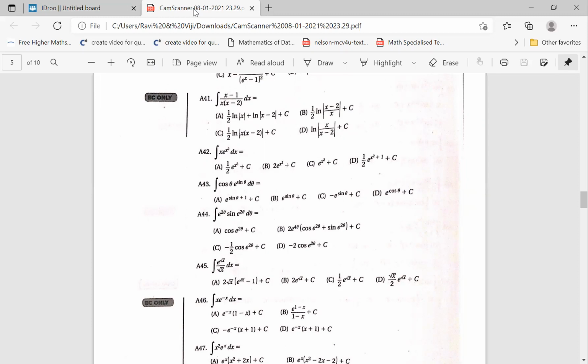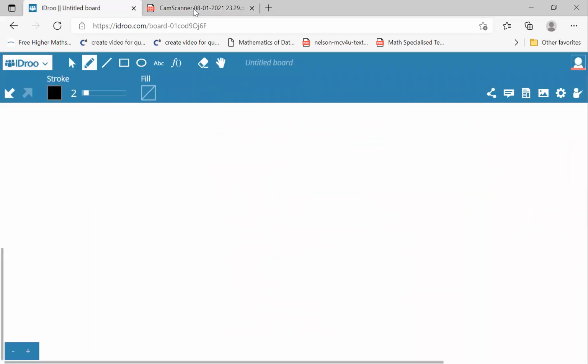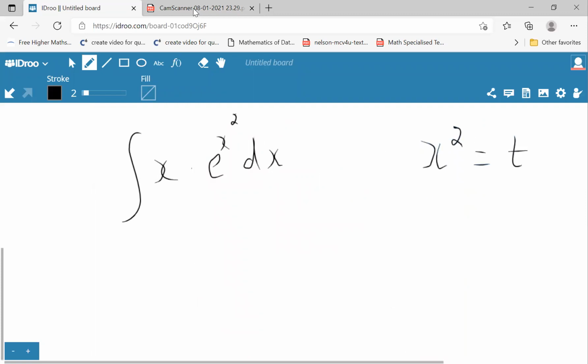Next, coming to the 42nd one, integration of x e to the power of x squared dx. Now we can take x squared as t, so you'll get 2x dx is equal to dt, or x dx is equal to dt by 2.